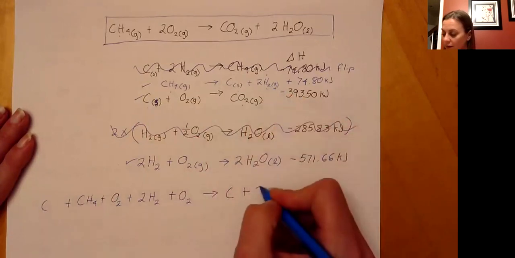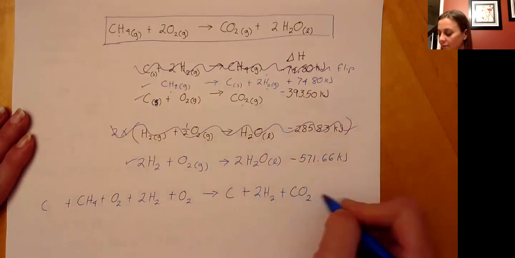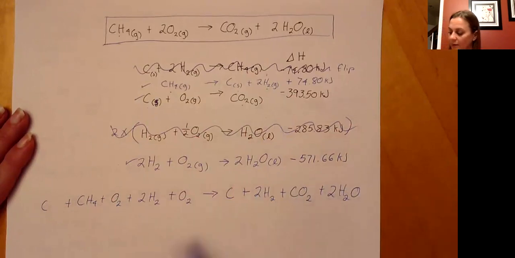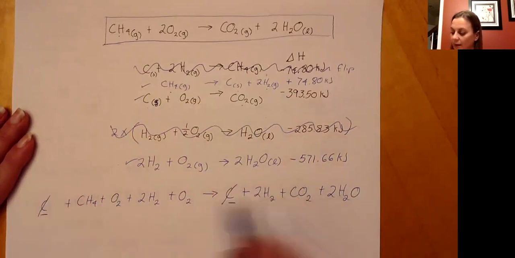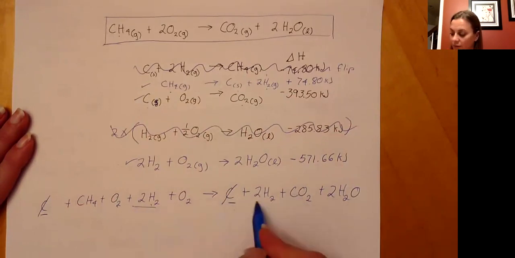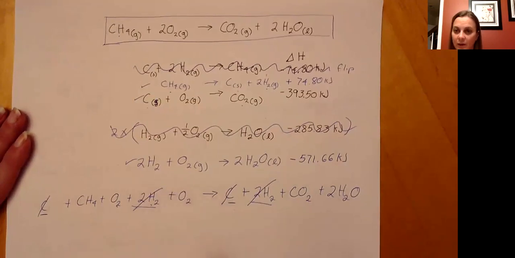Plus 2 hydrogen plus carbon dioxide plus 2 waters. And now we can see that I have carbon here and I have carbon here, so I can cross those two out. And I have 2 hydrogens here and 2 hydrogens here, so I can cross those out.